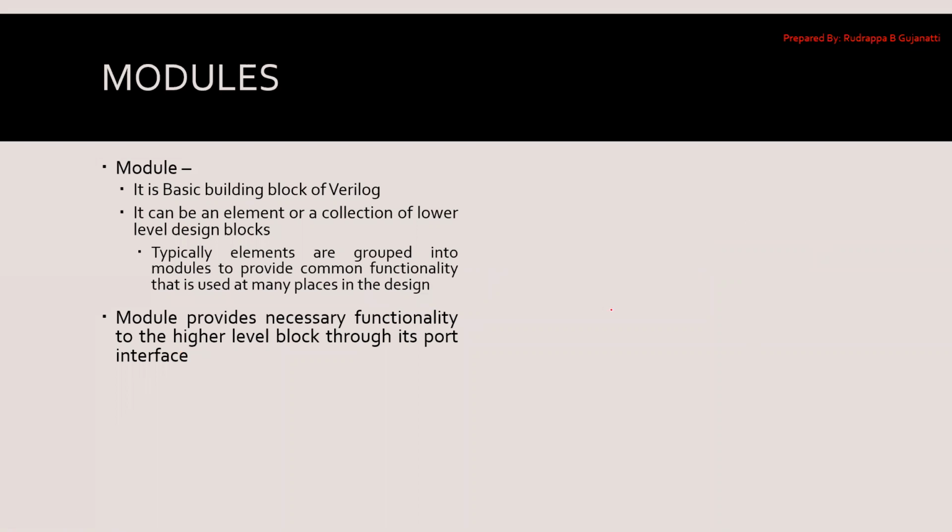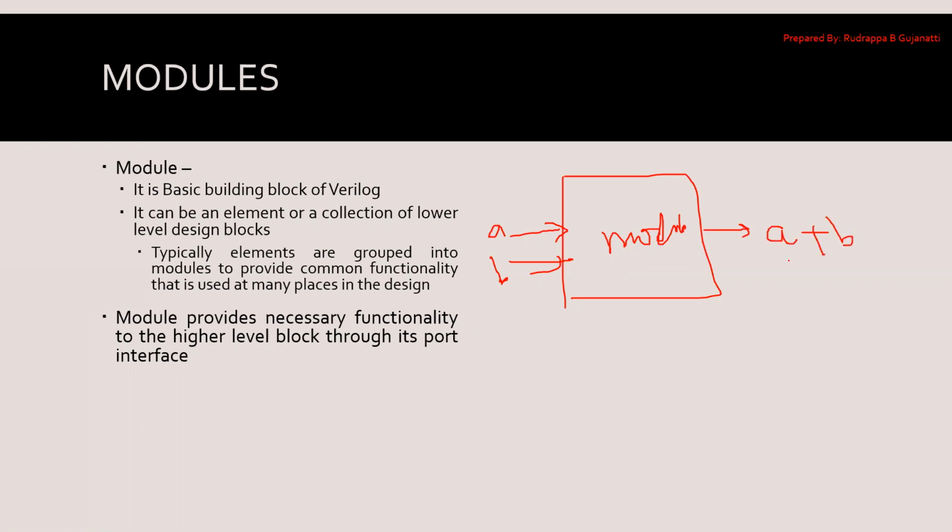Since we are building the system, suppose you are giving some inputs, say A and B, and you have written the entire module, and you are obtaining some result over here. It may be any operation, say A plus B. How this implementation is done is nowhere a concern to the external part.